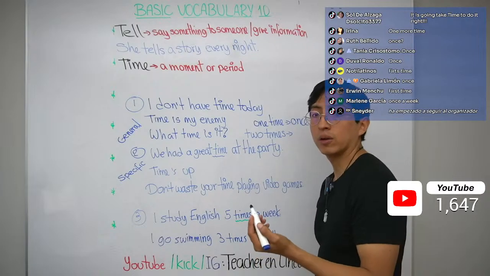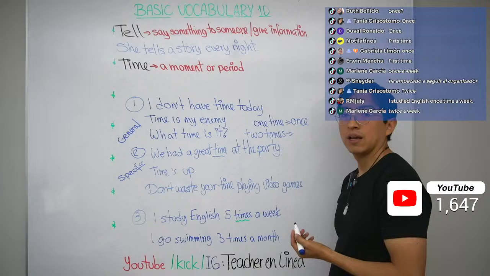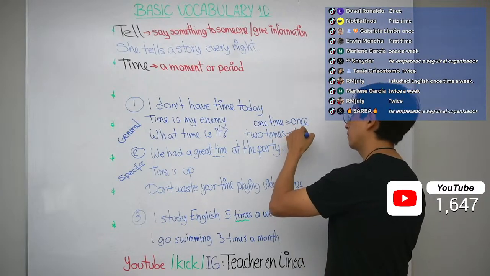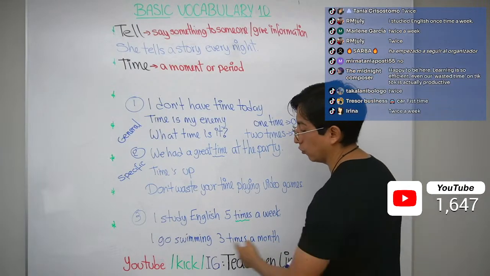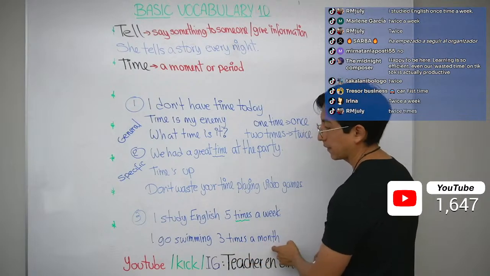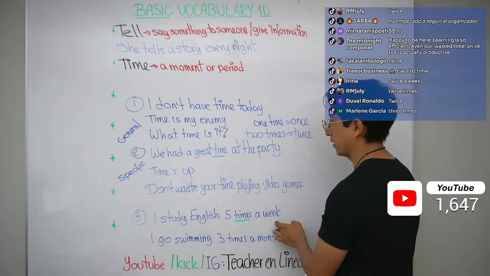No, right? What do we use instead? I use twice. So you can say, I go swimming twice a month. I study English twice a week.